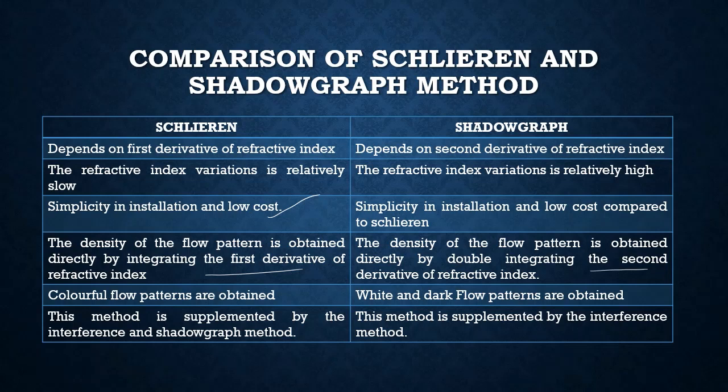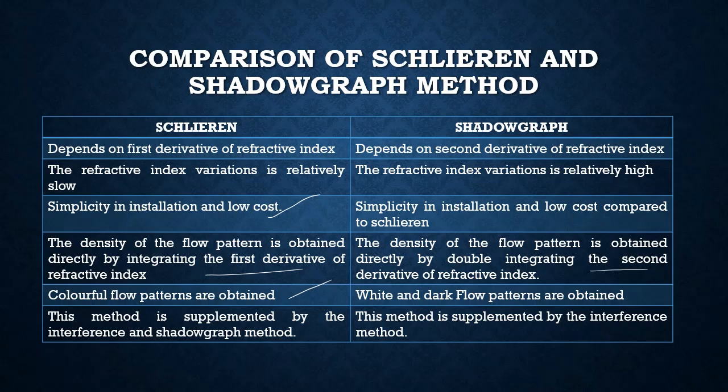And then colorful flow patterns. With the help of Schlieren we are using a color slit. You are placing the color slit in the knife edge. So when you place the color slits in the knife edge, you will obtain colorful flow patterns. But in shadowgraph, since we are not carrying any kind of knife edge behind the test section, right, we have only white and dark flow patterns, right?